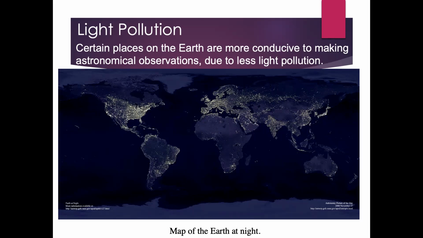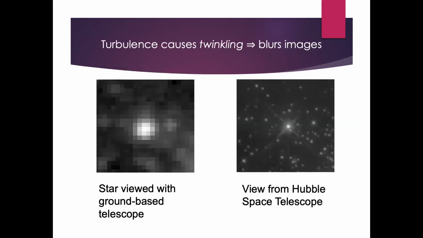All right, there's another reason that we tend to want to put telescopes in space. Set aside light pollution, the Earth has an atmosphere. And that's a problem if you're trying to observe light that's not nearby, because our atmosphere has turbulence. Our atmosphere is constantly moving.